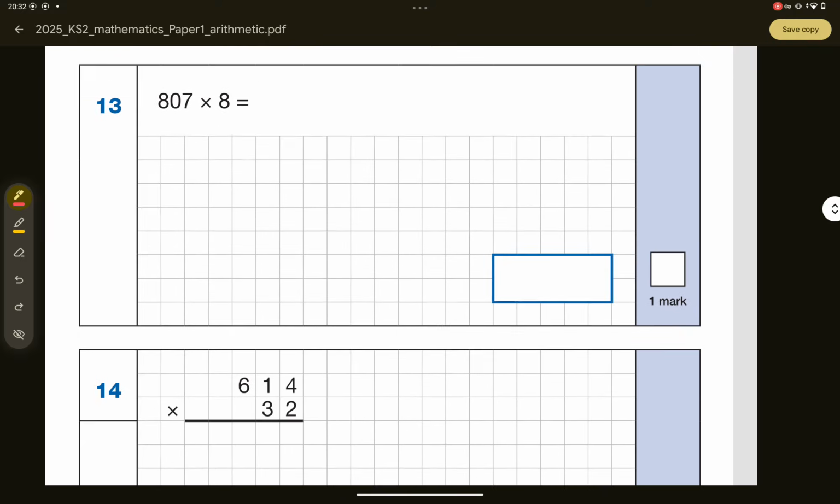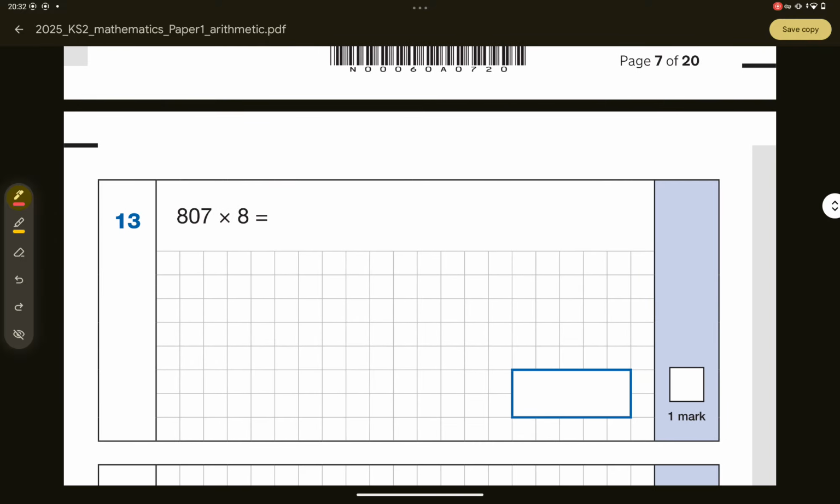13, 807 times 8. You can do column method for this as well. 0 times 8 equals 0. So add the 5. I'm sorry for my horrendous handwriting.